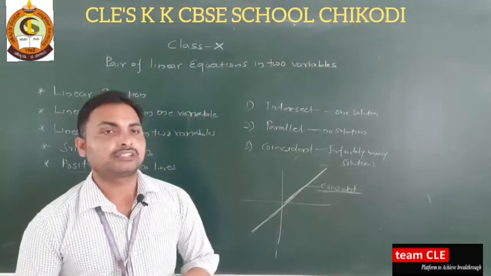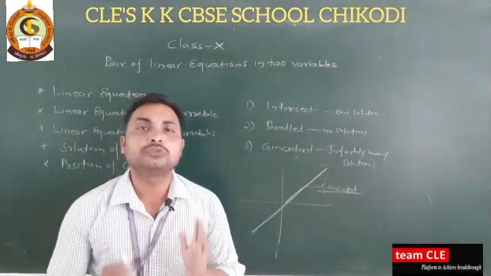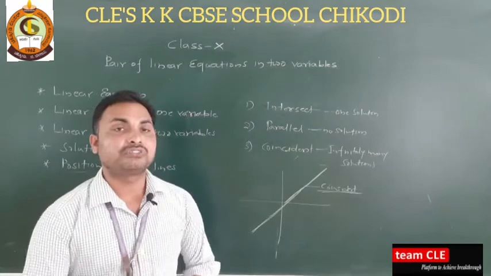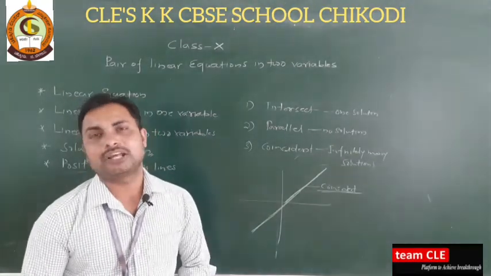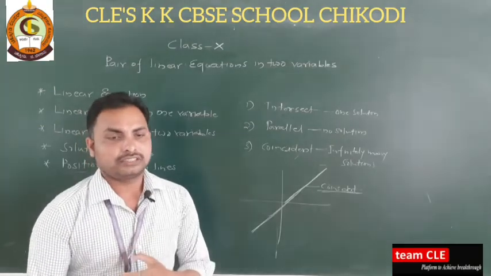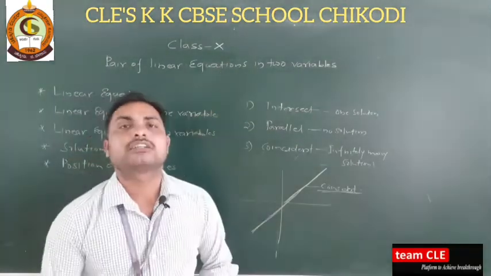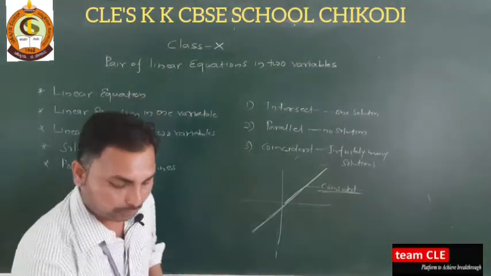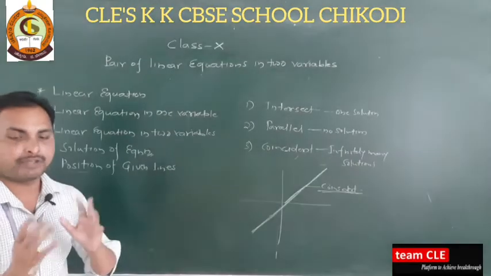So these kinds of equations we call a pair of linear equations in two variables. Which variables have we taken? x and y. Here two variables are taken. Let us discuss more about this in the next class. I hope you understood these basic concepts very well, okay. Thank you.